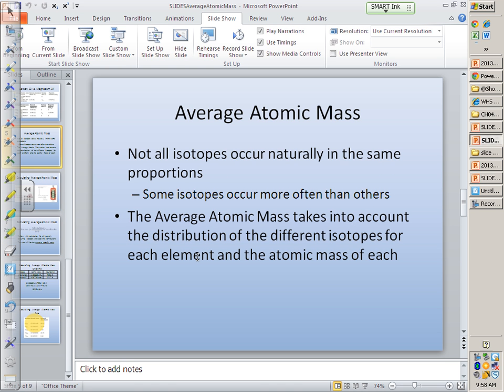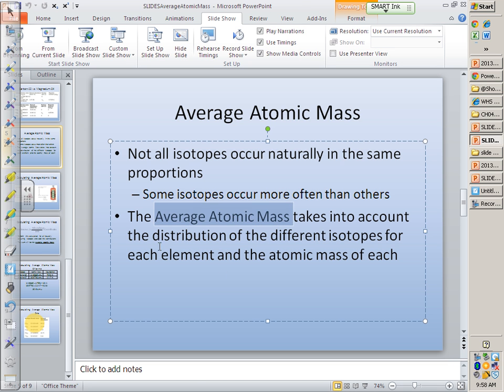We did this on the front side, is that correct? I think we filled out this part on the front side. All right, so the average atomic mass takes into account the distribution of those isotopes and the atomic mass of each one.